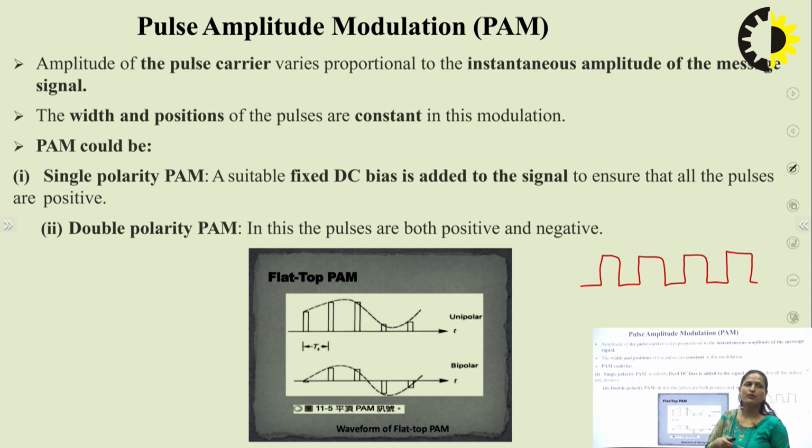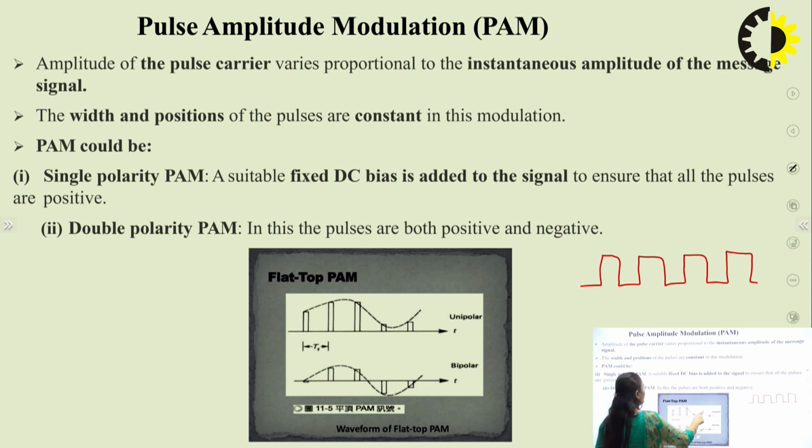Next one is the double polarity PAM. Single polarity means the signal is on the positive side. A suitable fixed DC bias is added to the signal to ensure that all pulses are positive. In the double polarity, the pulses are both positive and negative.